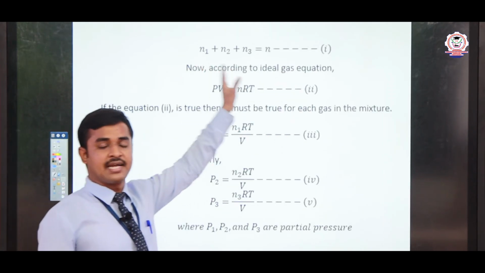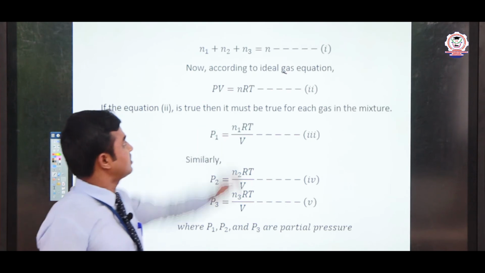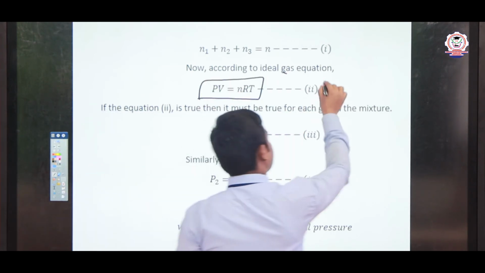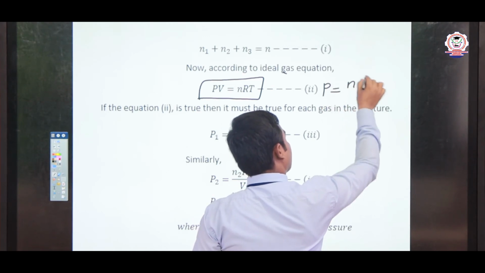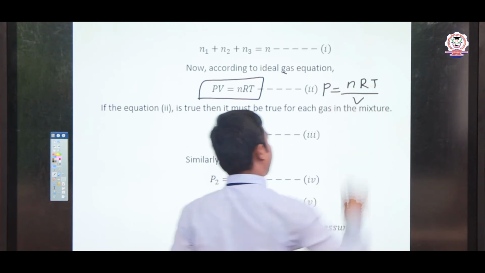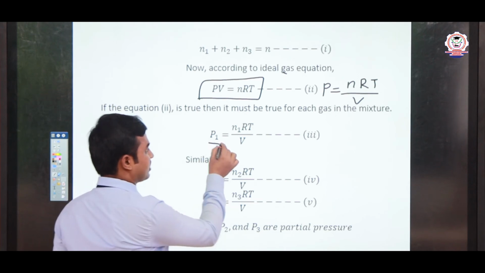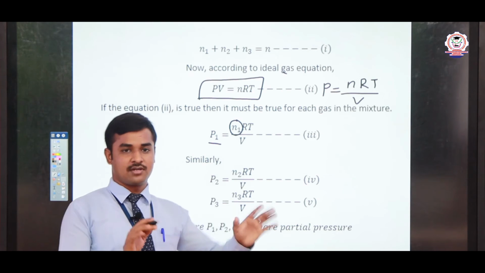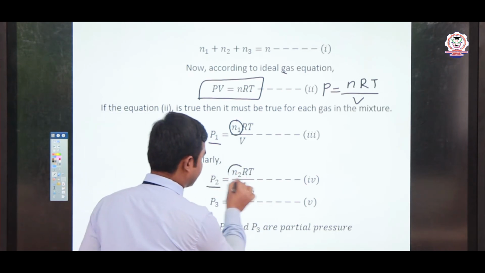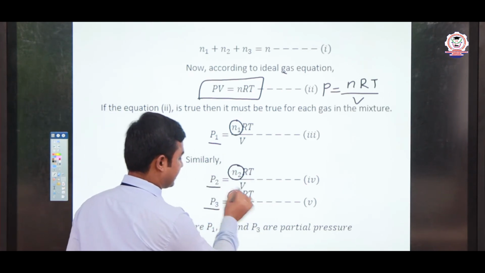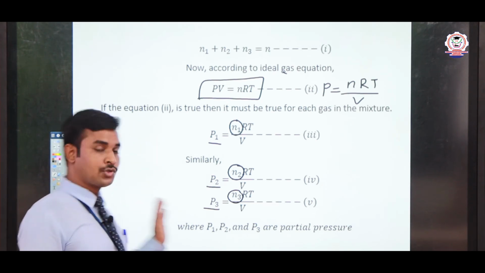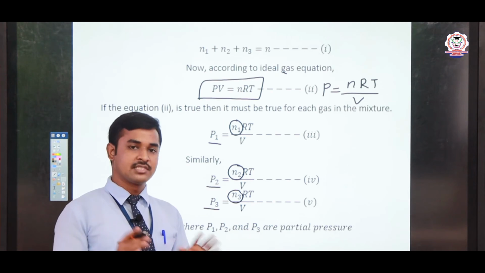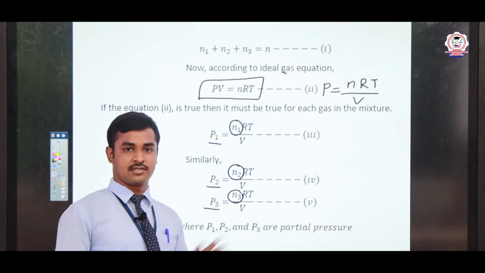When we add n1, n2, n3 together, we get the total number of moles, and PV is equal to nRT is the ideal gas equation, from which we get P is equal to nRT divided by V. If you apply P1, you get n1; the remaining T and V, temperature and volume, are constants. If you apply P2, you get n2. If you apply P3, you get n3. To find the total pressure, you add the partial pressure values P1, P2 and P3. This is the partial pressure of Dalton's law.